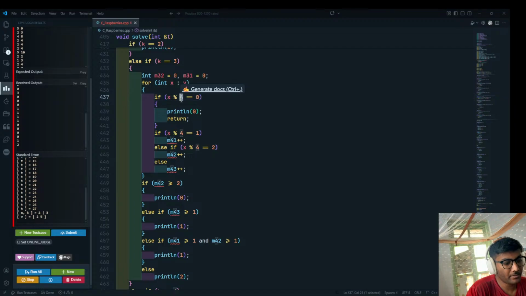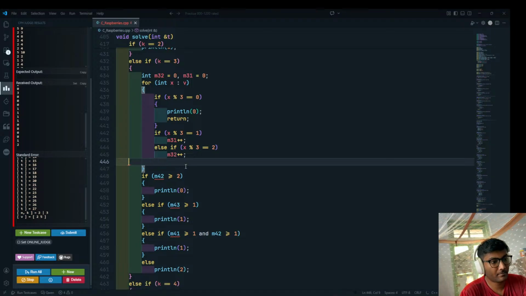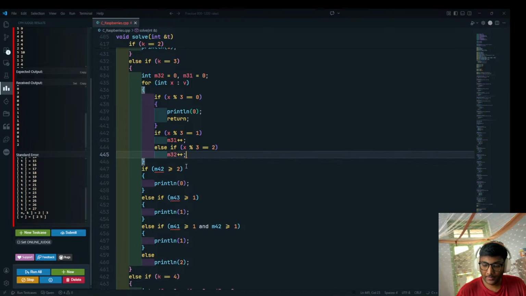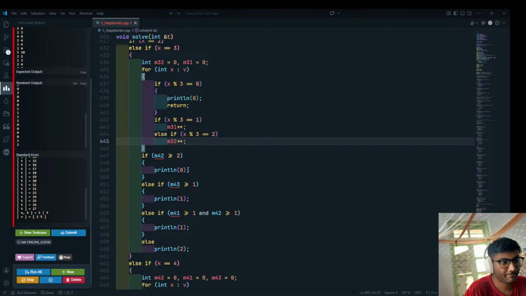If M4 3 is 0, then no. If 3 is 1, then M4 1 plus plus, M3 2 plus plus. Now we have to check that if I have some number of, if I have a 2, this is a 2 situation, right?